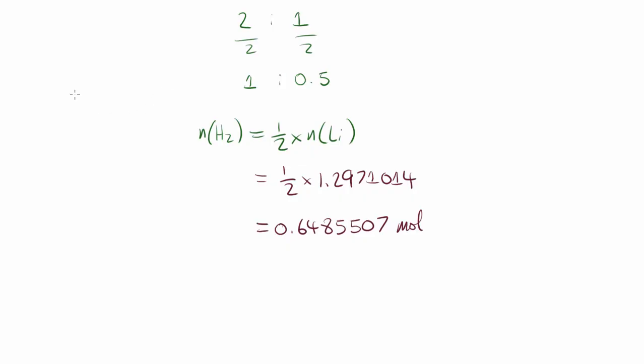To work out how much volume is occupied by this specific number of moles, we just multiply by 24. So the volume of H2 is going to be 24 multiplied by 0.6485507.